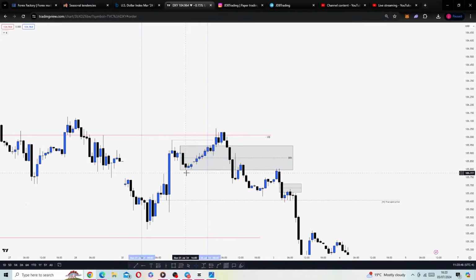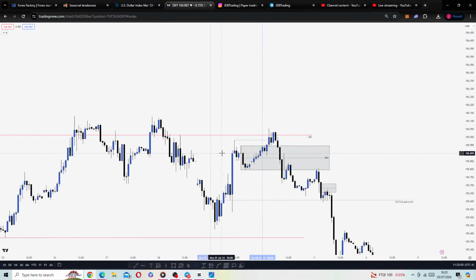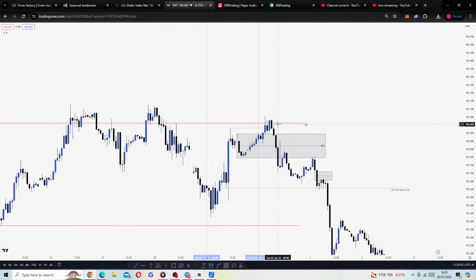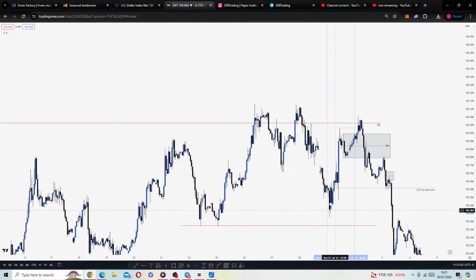Then it breaks this swing low, confirming to me this PDA has been respected, and the lower time frame order flow is bearish, but the high time frame is still not being breached.